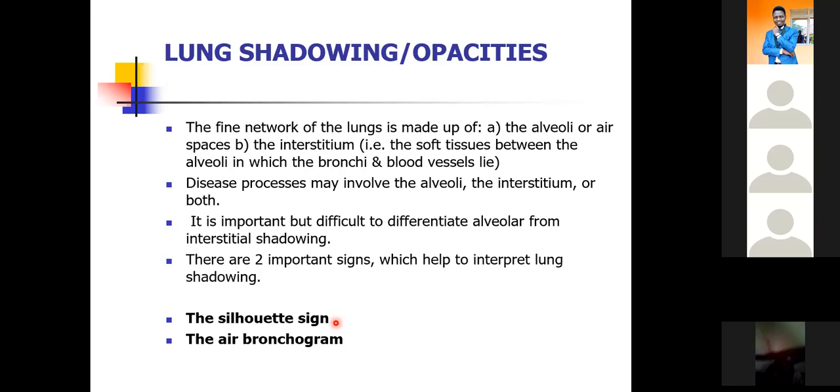We can easily imagine the lung to have fine networks of air spaces, which are predominantly the alveolar spaces, and supporting those air spaces is the interstitium, where we have the blood vessels and the lymphatic networks and the connective tissues lying.